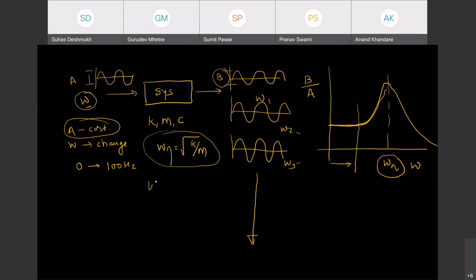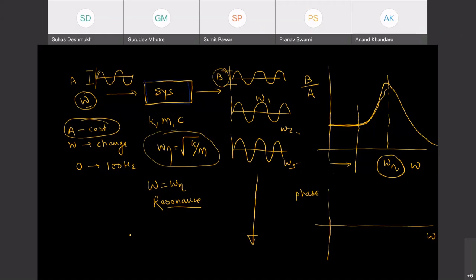This is my input oscillation. This is my output oscillation. There is one curve we always plot, that is omega versus phase. Phase means the delay between my input and my response.